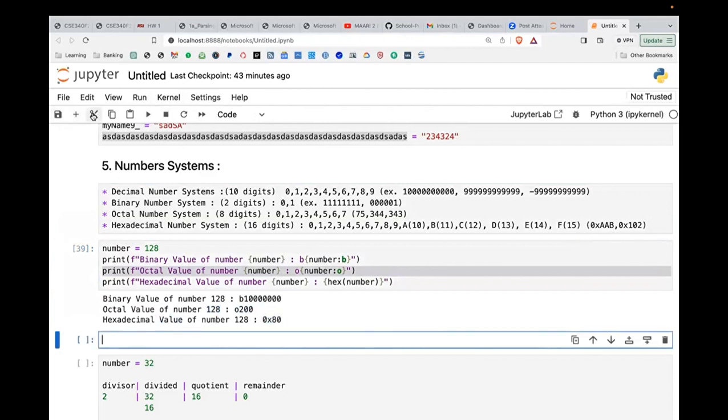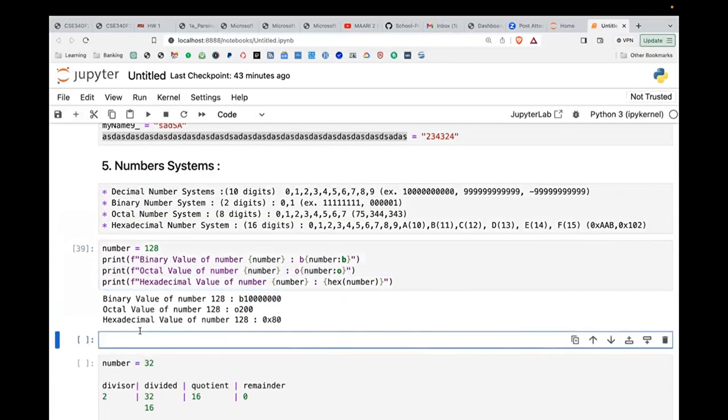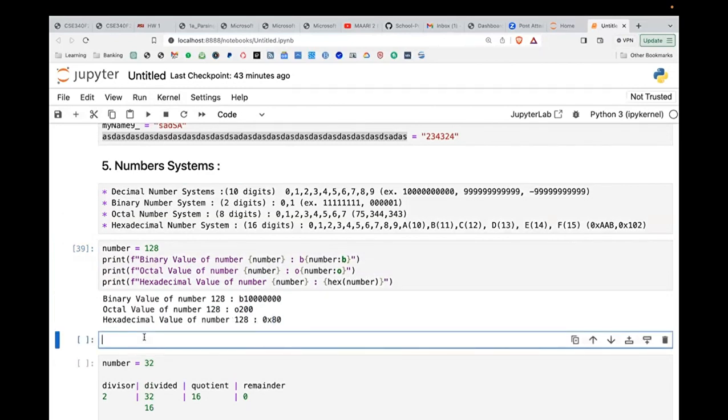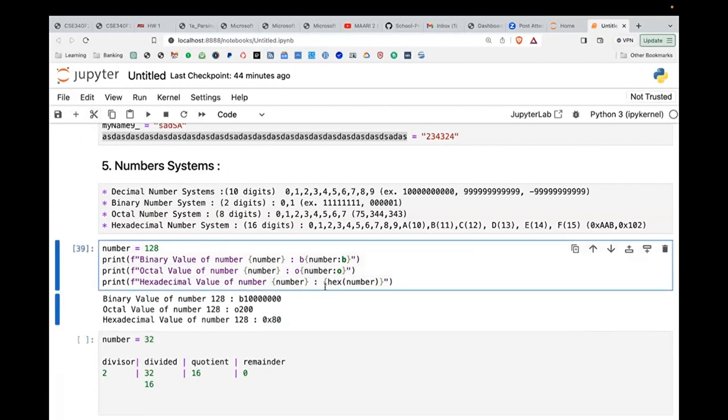There is a simple conversion which I will tell you for your knowledge. With the print statement, using the F string, you can convert directly into binary and directly into octal format.